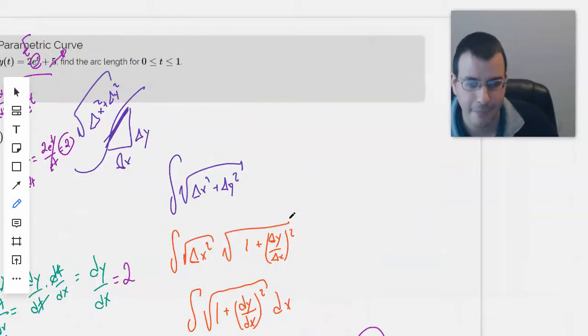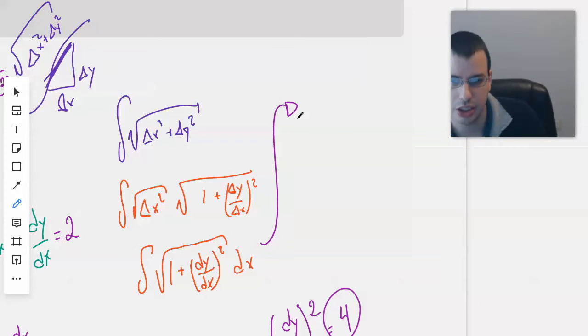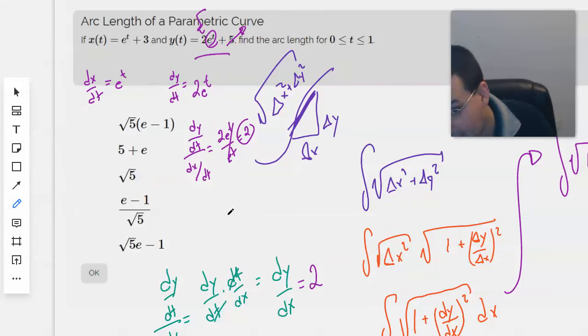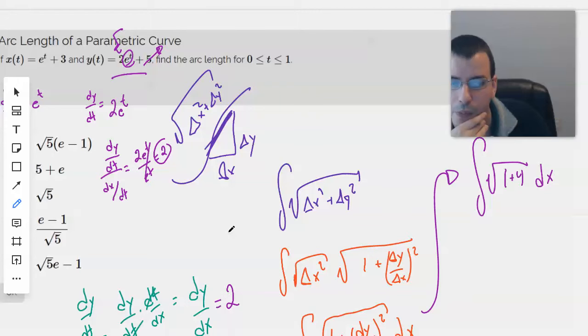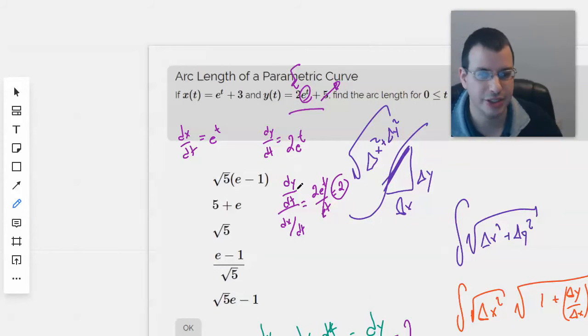Okay, so we have our equation here. Integral of the square root of 1 plus 4 dx. So the trick here is we now have dx, but we want to do things in terms of t. So we want to find out what dx equals.